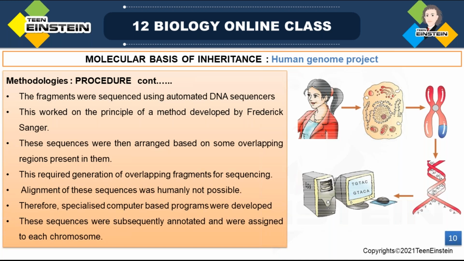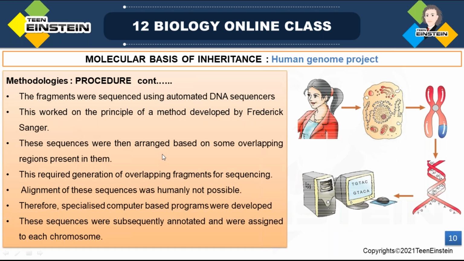So what are all the steps? First, isolation of DNA, then making it into fragments, then cloning with the help of vectors, with bacteria and yeast as the hosts. Then these fragments were sequenced with automated DNA sequencers.